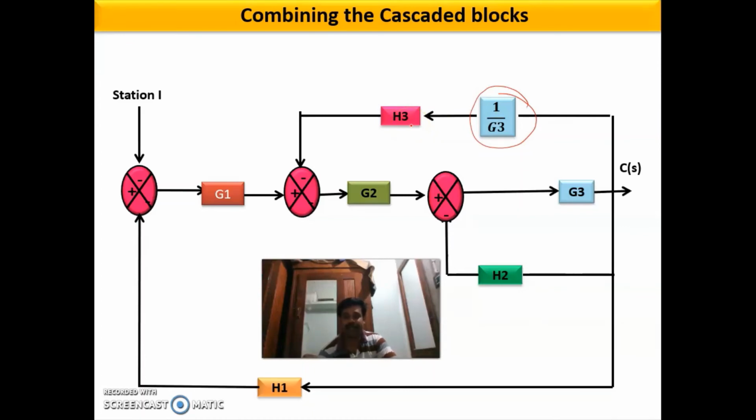So in order to eliminate that G3, we are adding one block having a gain of 1 by G3. The G3 coming in the line is multiplied by 1 by G3, so G3 and G3 cancel, and you'll be getting only what was initially coming.